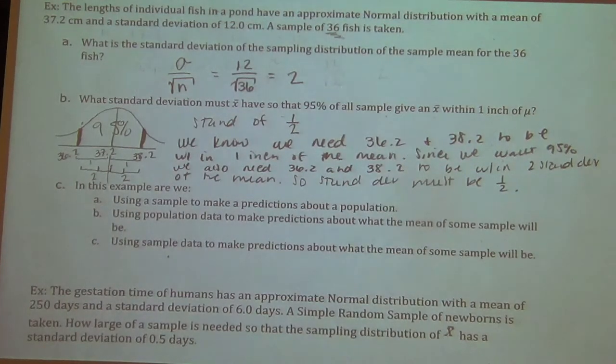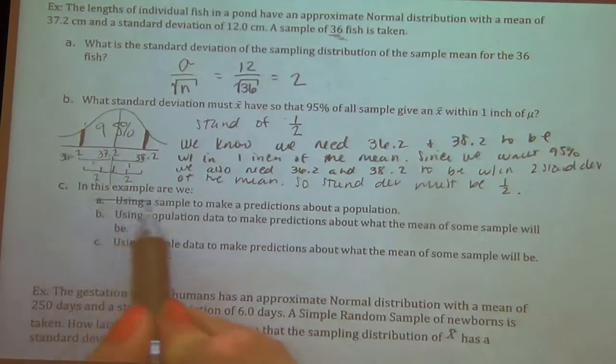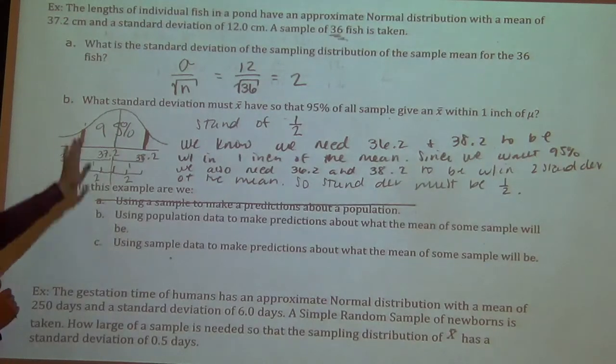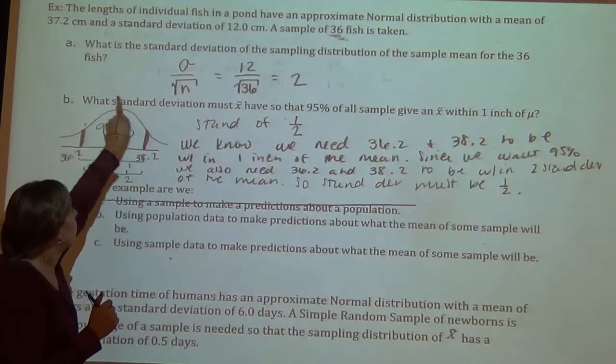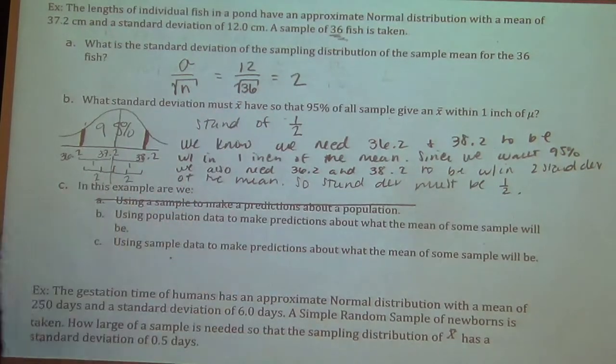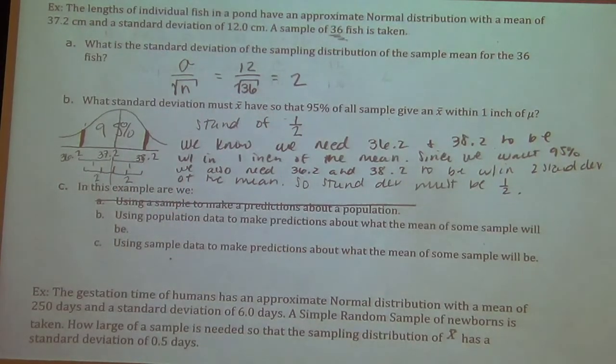So we know that we're not doing that. Next part, using population data to make predictions about what the mean of some sample will be. Well, here, we're given population data, or I guess the mean here, and we would be making predictions about X bar, so this sample mean. So that is what we would be doing in part B.